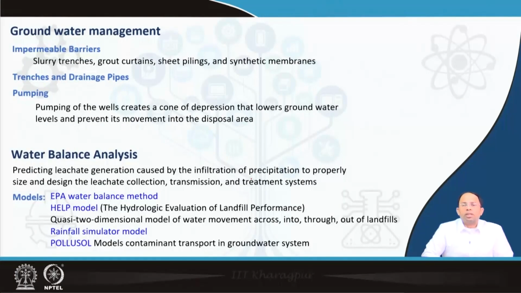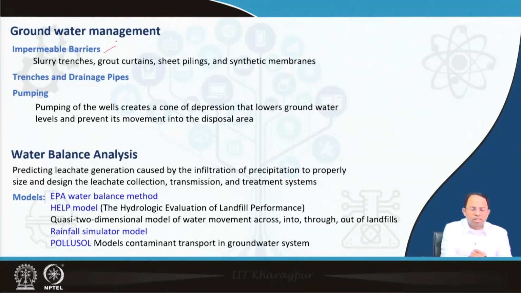And then we also sometimes may need to go for groundwater management as well, but this is rare because we will try not to design landfills at areas with high water tables, but sometimes we cannot avoid that. There, in different seasons, maybe the water table comes up, so we have to take some protective measures. What are these measures? One is putting some impermeable barriers.